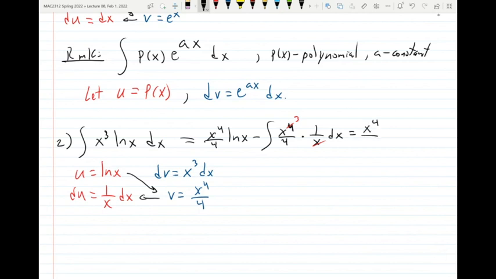So we get x to the 4 over 4 times ln of x minus 1 over 4. I pull out the 1 over 4. The integral of x cubed dx. And now we do a power rule.